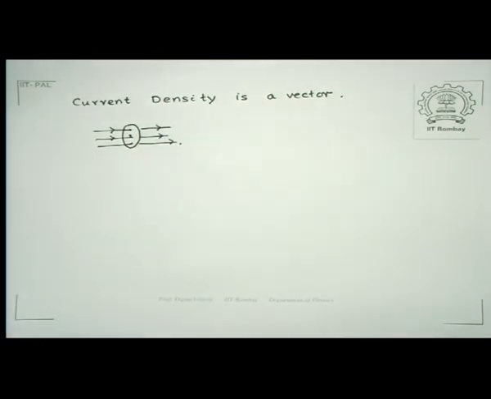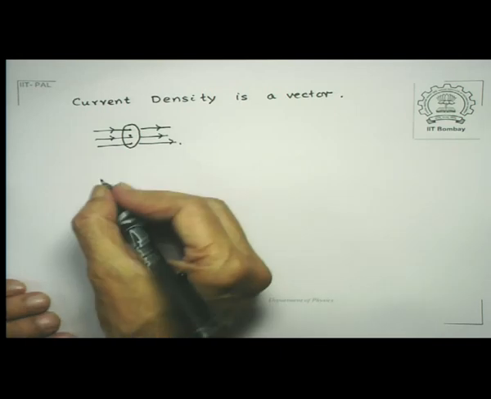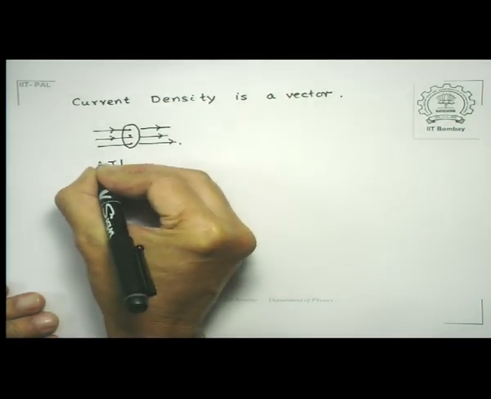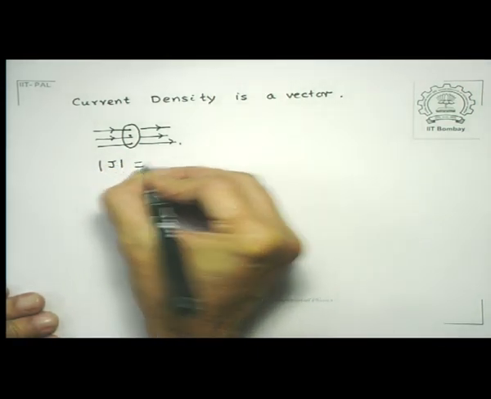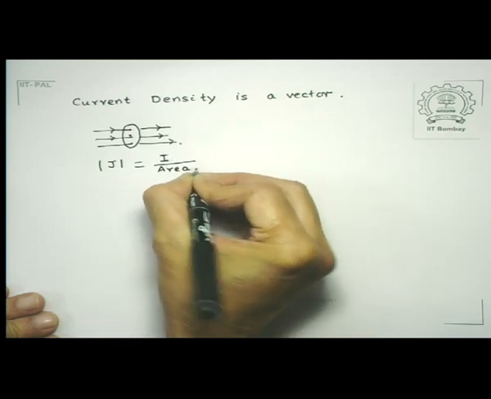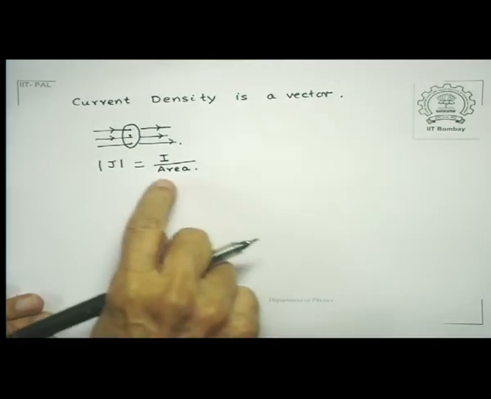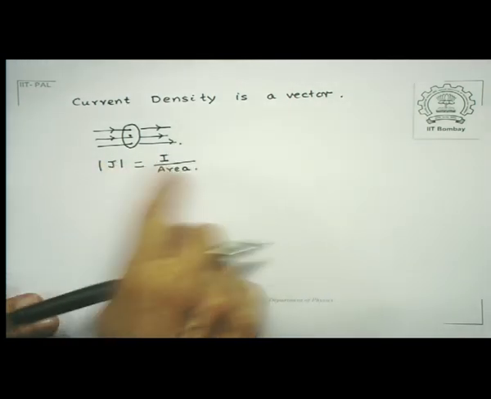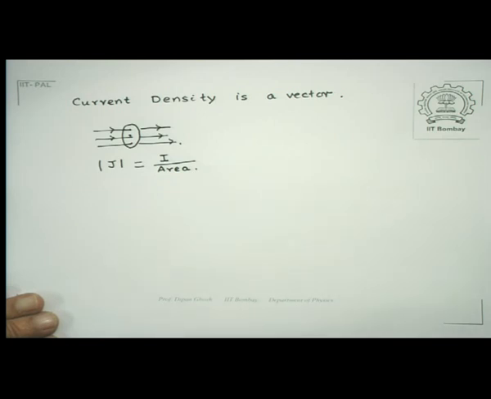Like any other definition of density, I define the magnitude of the current density as the amount of current passing through a unit area. So let's first talk about the magnitude and then I will come to its direction. So magnitude of J is I divided by area. So this is of course a scalar because current is a scalar, area as we understand is a scalar.